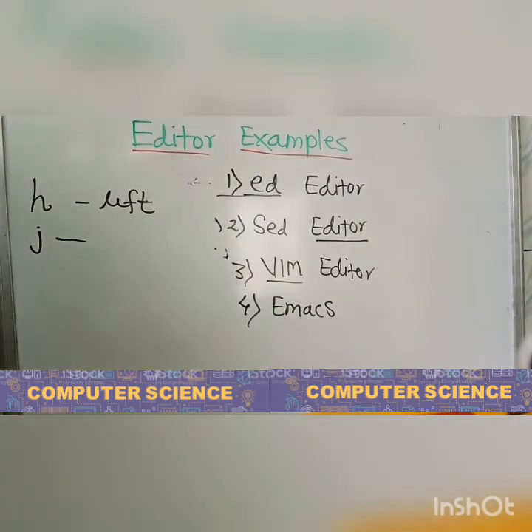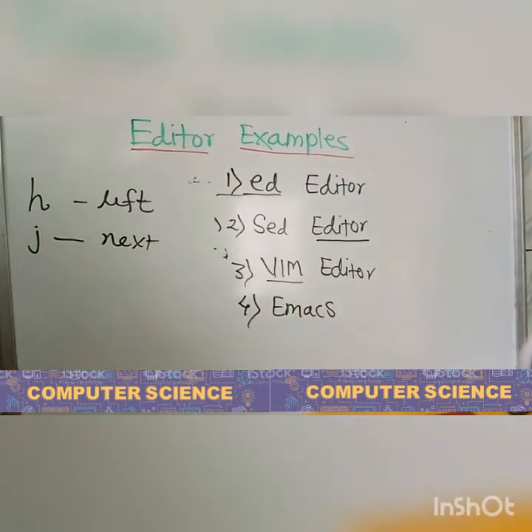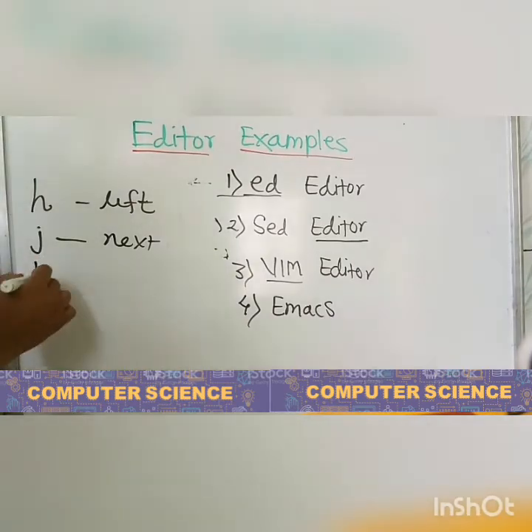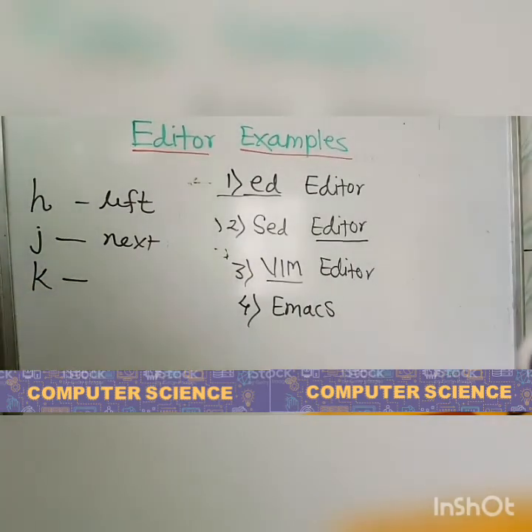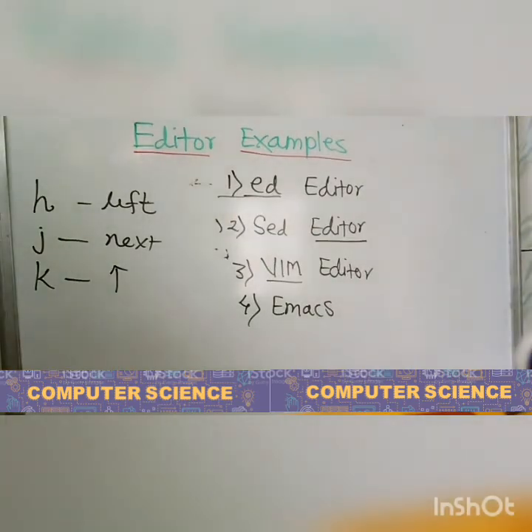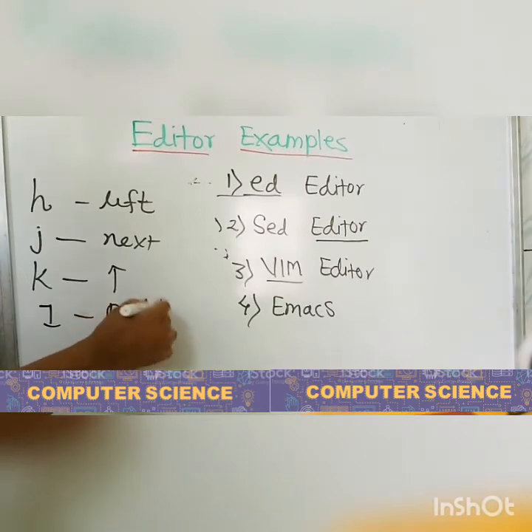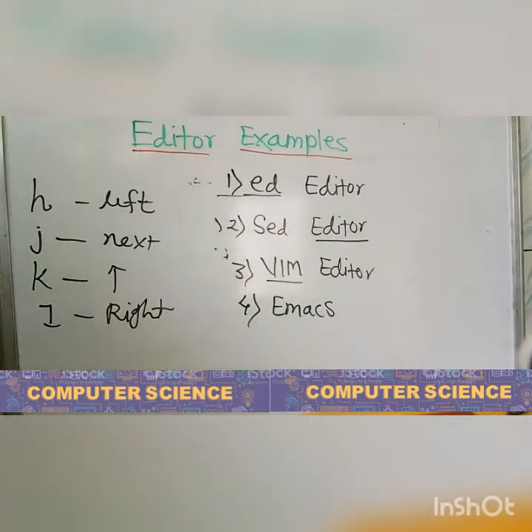J moves down one line, meaning it will move to the next line. K moves upward one line, and L moves the character one position right. These are some commands for the cursor.